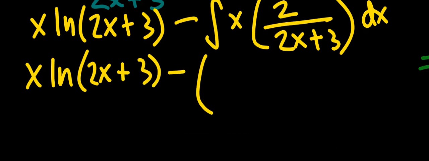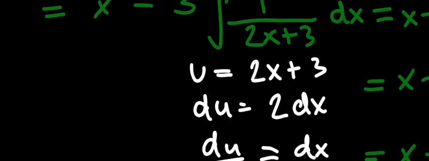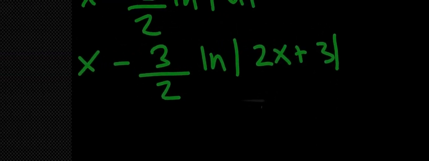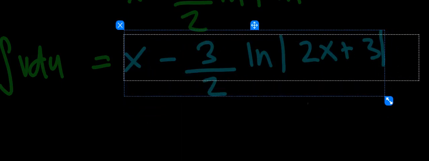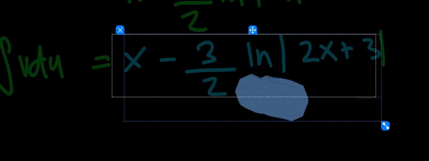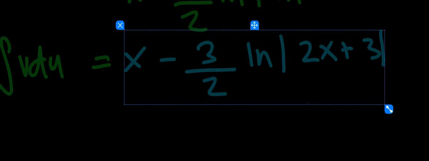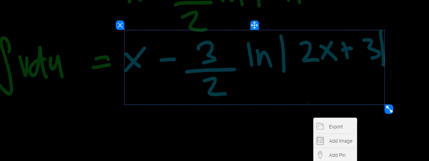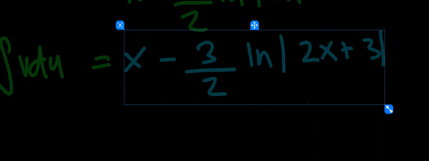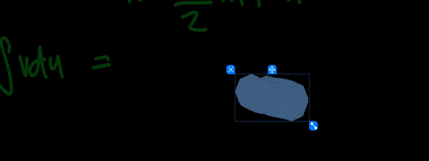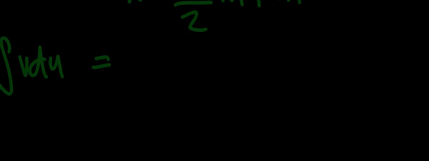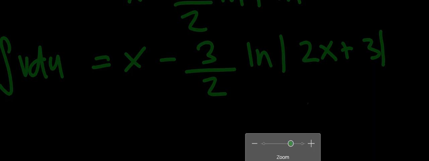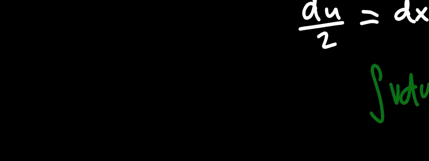So our v du was, okay, let's go back. So x minus 3 over 2 ln of 2x plus 3.